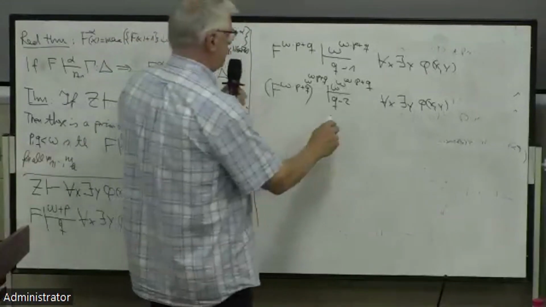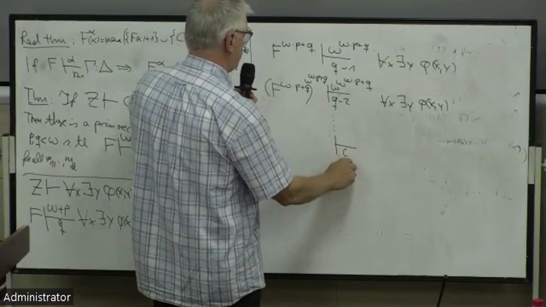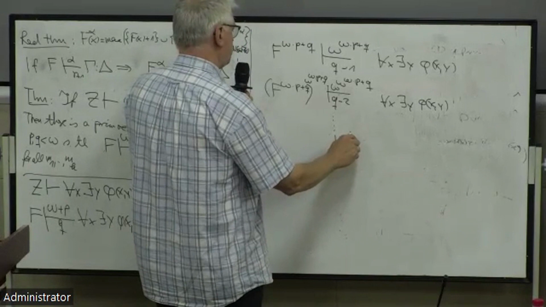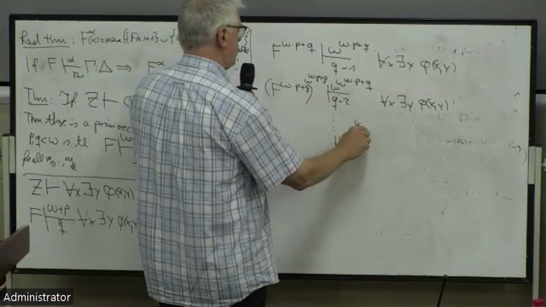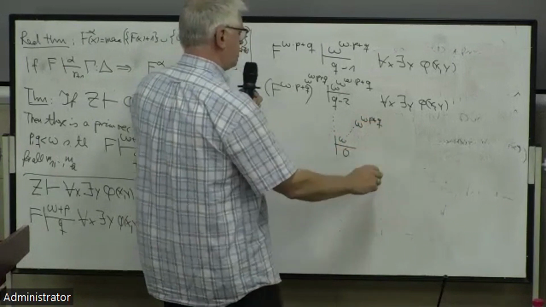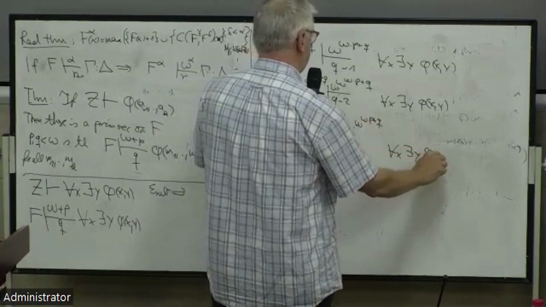Okay, now at some moment we hit here number 0. Here we get an omega nested tower, omega times p plus q. Here's our formula: for all x there is a y, phi of x y.